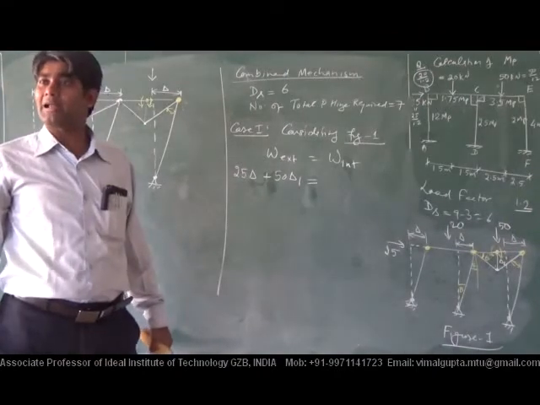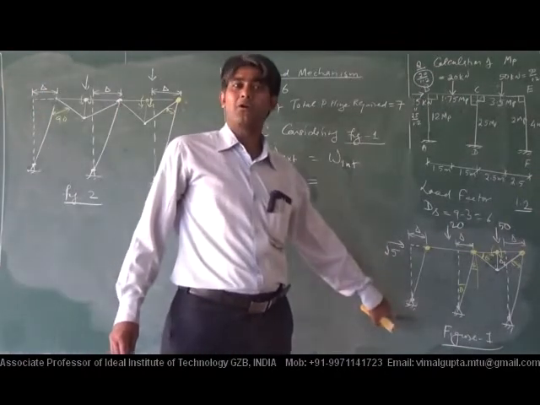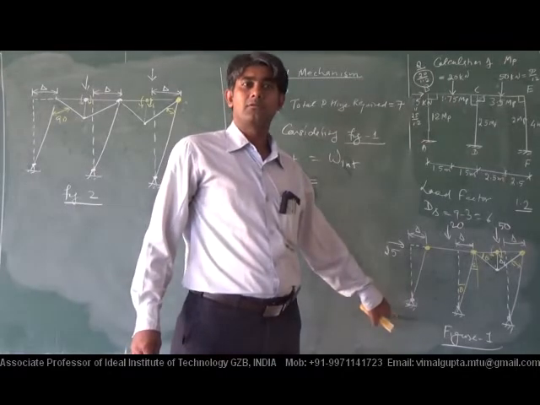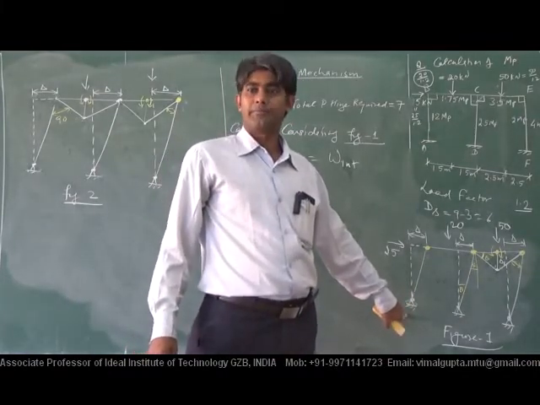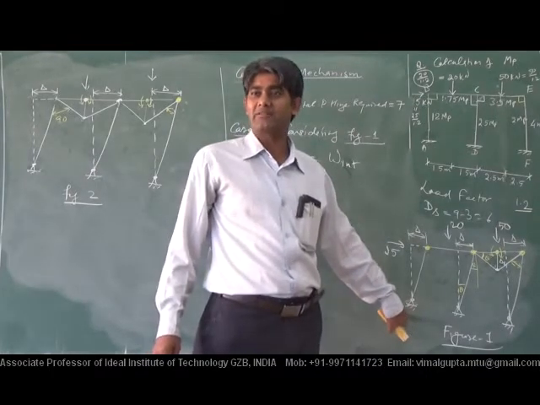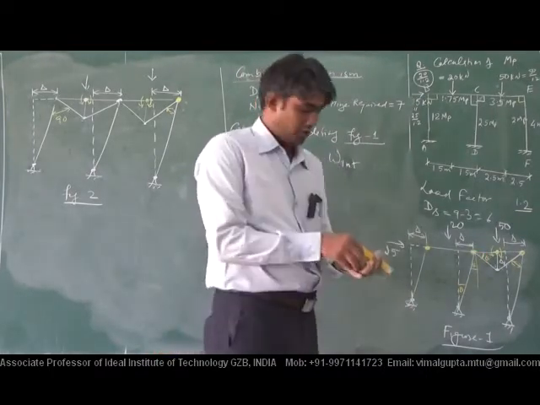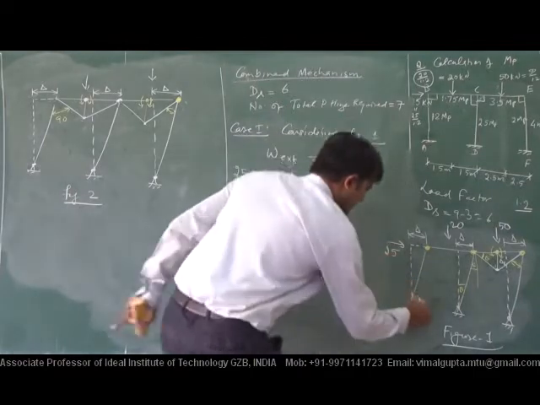That will equal to be internal work done. And for the internal work done, we must have to locate plastic moment of resistance at every joint. So what will be that value here?